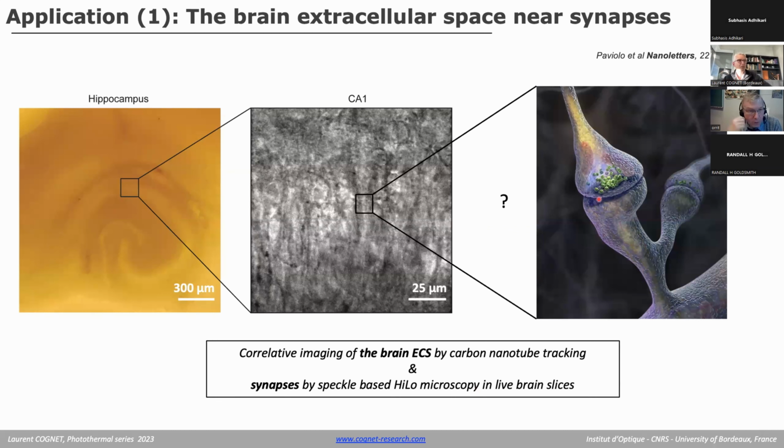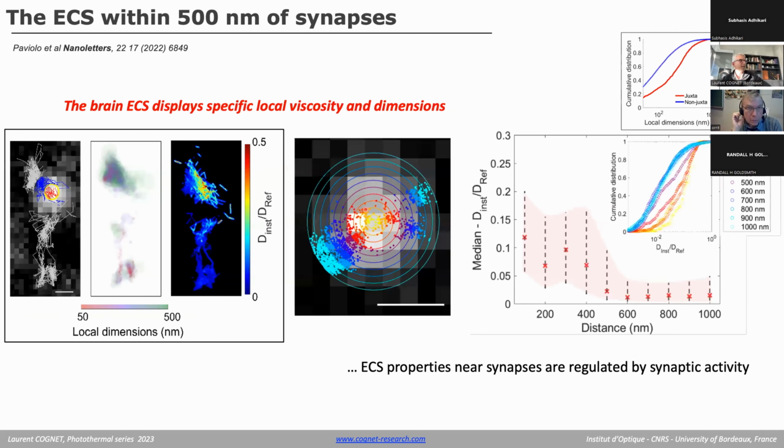And when you have that, you can look at the diffusion properties of the carbon nanotubes around synapses. To go directly to the results, here in the background you see a synapse. And we were able to segment our trajectories, the dimensions, so that's the local dimension of the brain space, and here is the diffusivity of the nanotubes around the synapse.